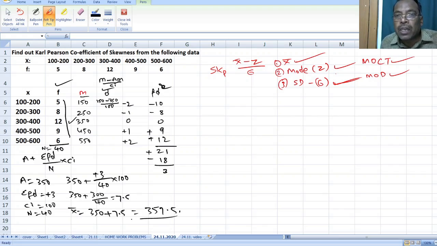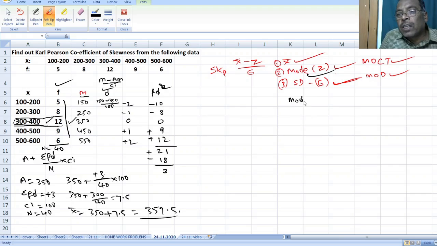Okay students, now we are going to find out mode. When you observe the frequencies, which is the highest frequency? 12, isn't it? So here the modal class is 300 to 400. Now you have found the modal class interval. What is the formula to find out mode?